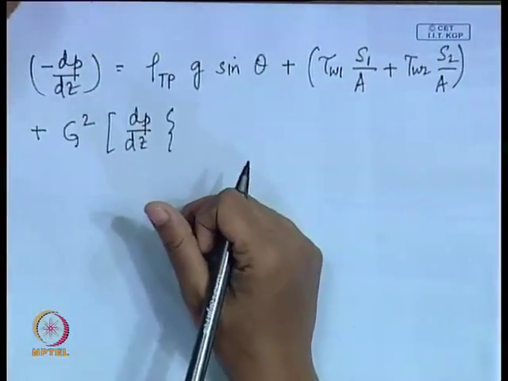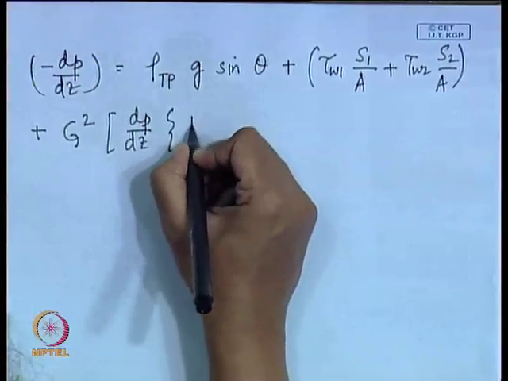So, if we write them down, this gives us 1 minus x.